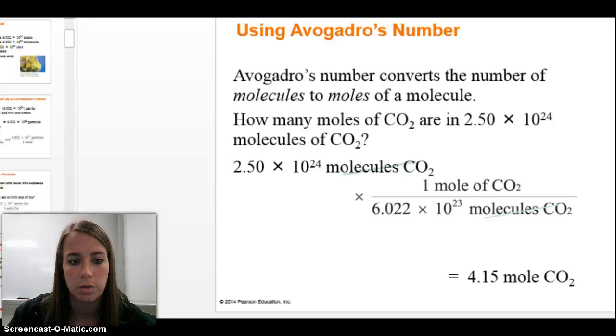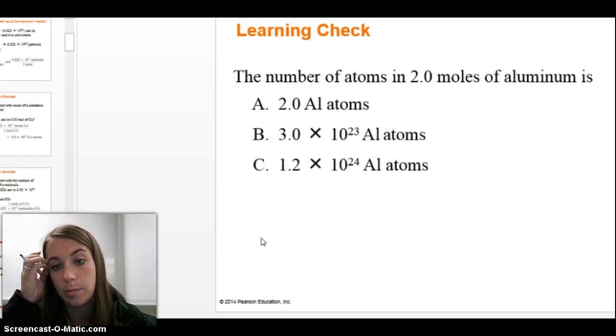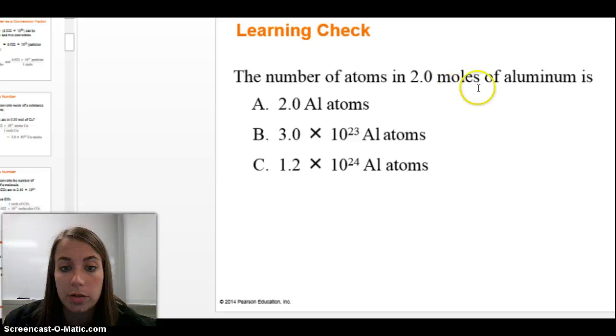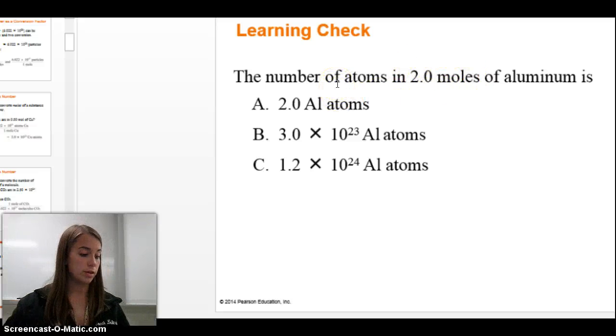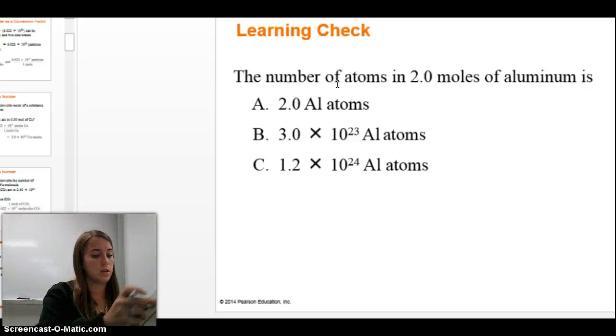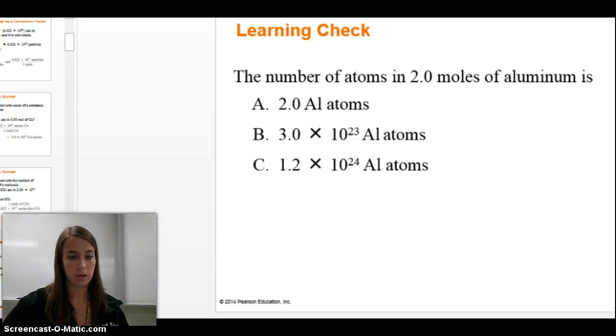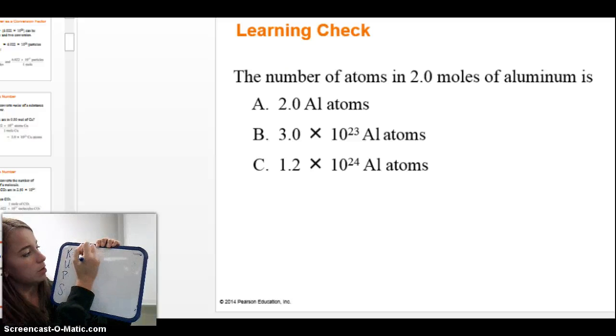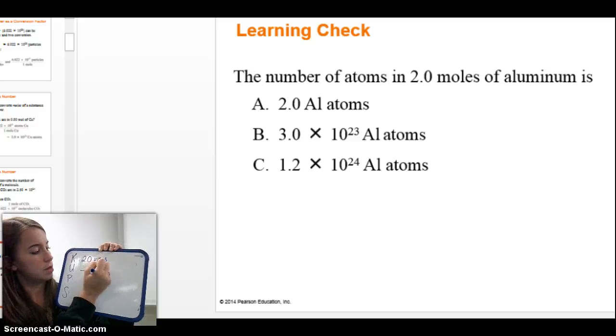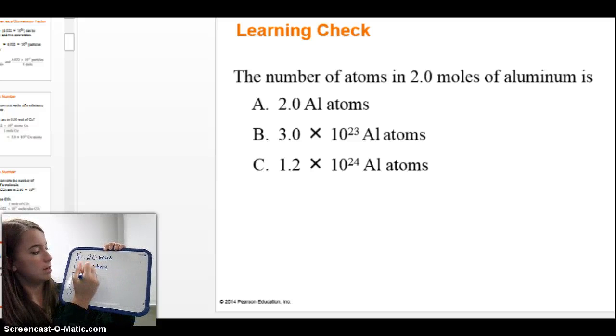Okay, so learning check. The number of atoms in 2 moles of aluminum is, so we can do our cups. We can go through all of that. So I'm going to go ahead and do that here. My known is 2.0 moles. My unknown is how many atoms. Plan, well, I need to get rid of mole, so I'm going to put mole in the bottom.